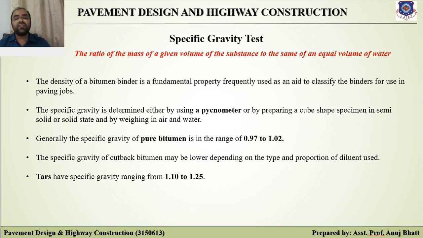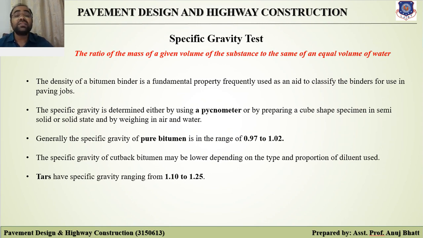The specific gravity value of bitumen is also useful in bituminous mix design. The density of bitumen is greatly influenced by its chemical composition. An increased amount of aromatic compounds or mineral impurities causes an increase in specific gravity.